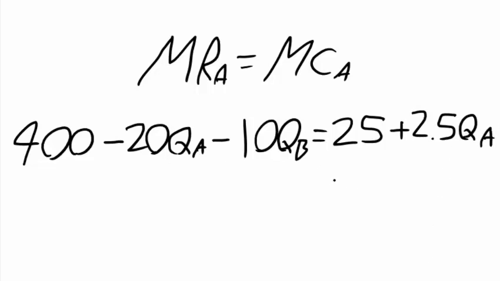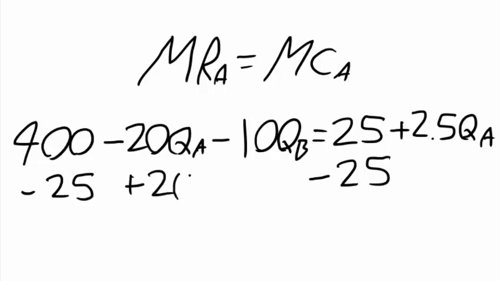And so what we'll do is we'll subtract 25 from both sides, as well as add 20 QA to both sides.